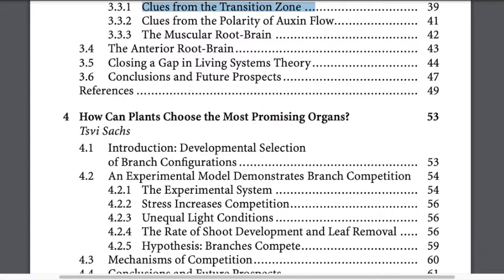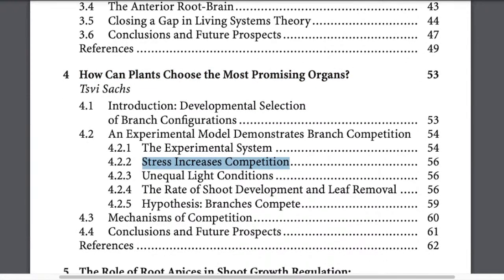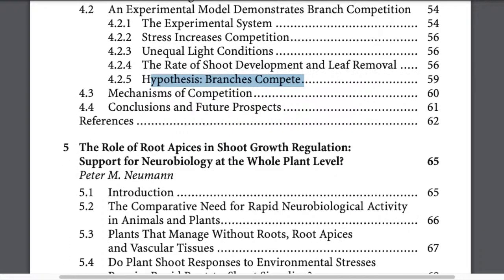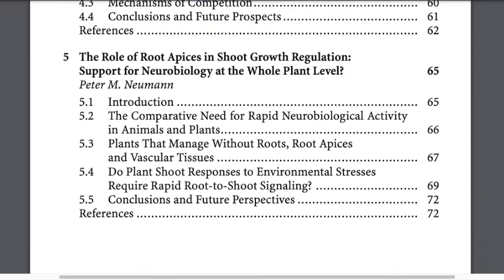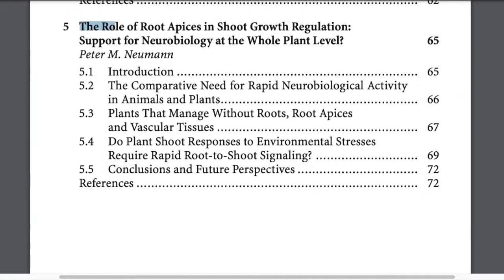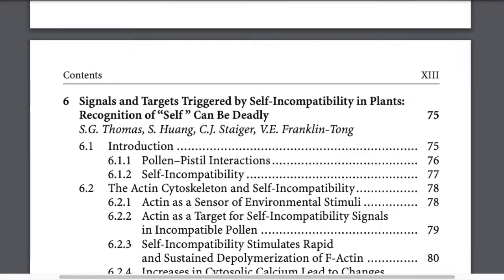And we have how can plants choose the most promising organs? Experimental systems, stress increases competition, unequal light conditions, rate of shoot development, hypothesis, branches compete. I want to hear about the war between the grasses and the trees. All right, the role of root apices in shoot growth regulation. These look kind of boring.